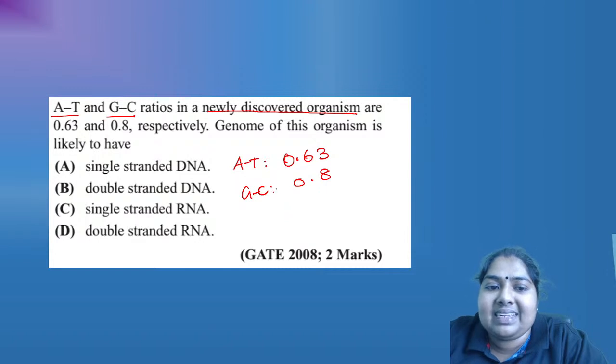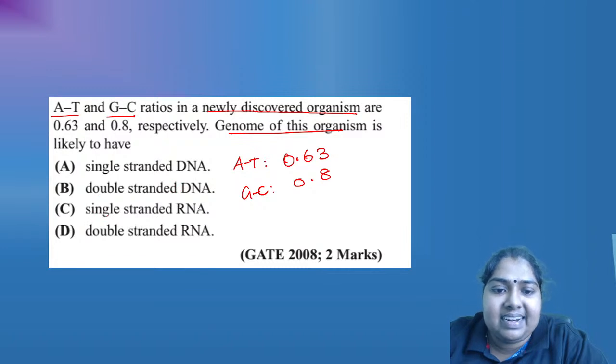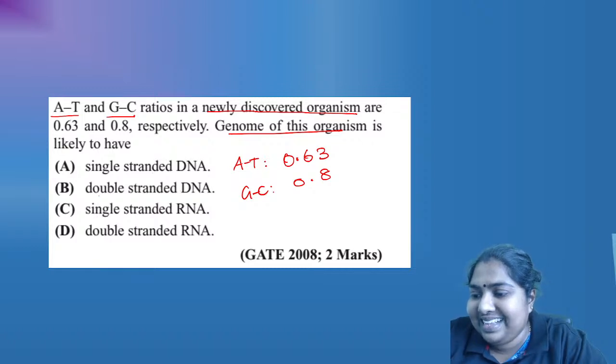Right. So what is going to be the genome of this organism? It is single-stranded, it is going to be double-stranded. Single-stranded RNA, double-stranded RNA. First, eliminate the unwanted options. Definitely, you can come up with the correct answer.